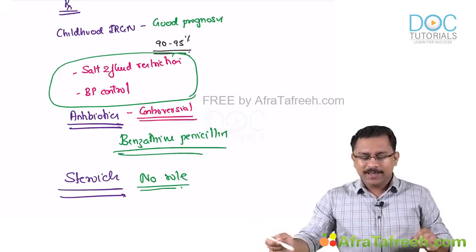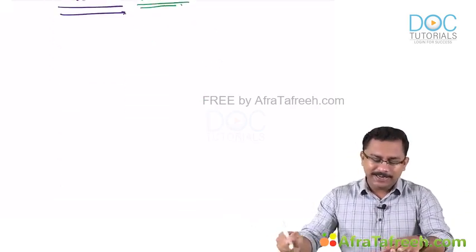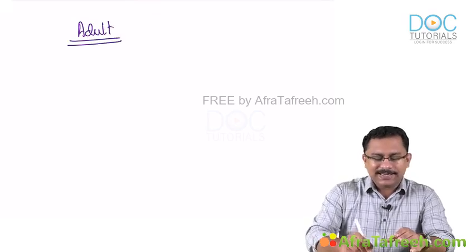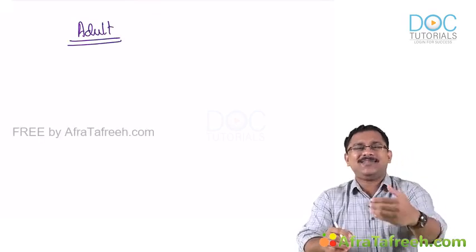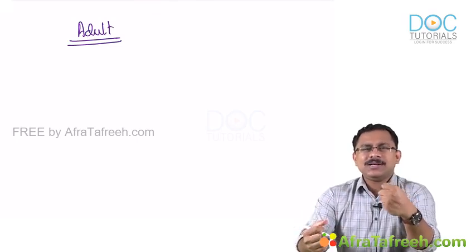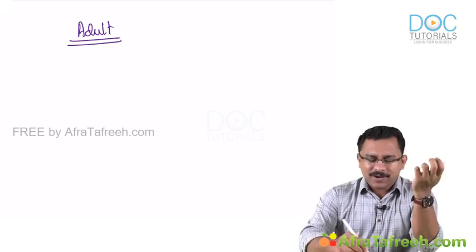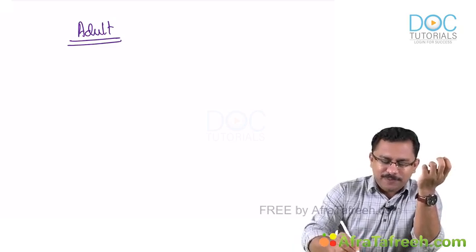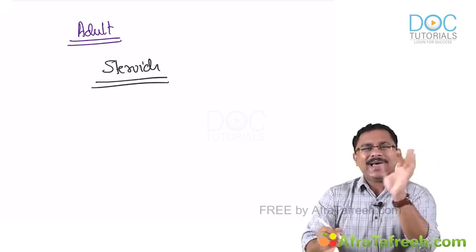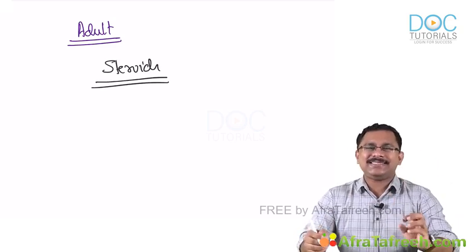But when it comes to the adult presentation, I told you, you can have either a nephritic presentation or maybe an RPGN. There is a point of view that in adults who are having RPGN, you can try steroids.